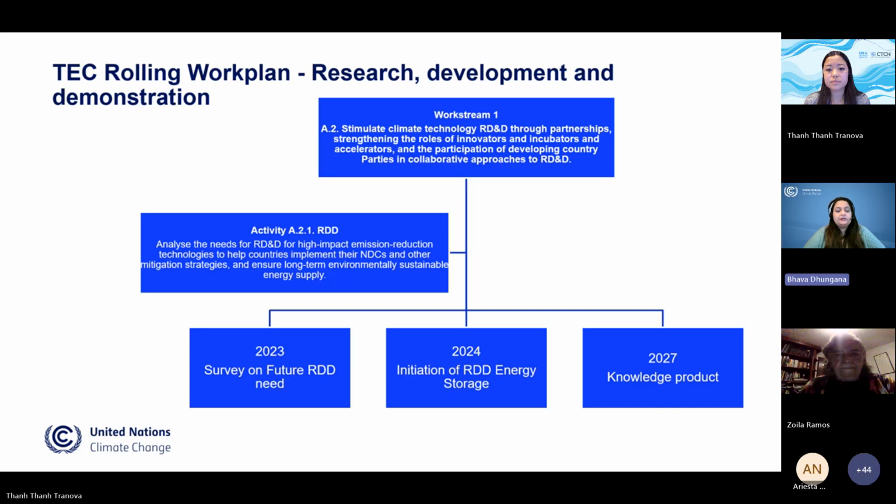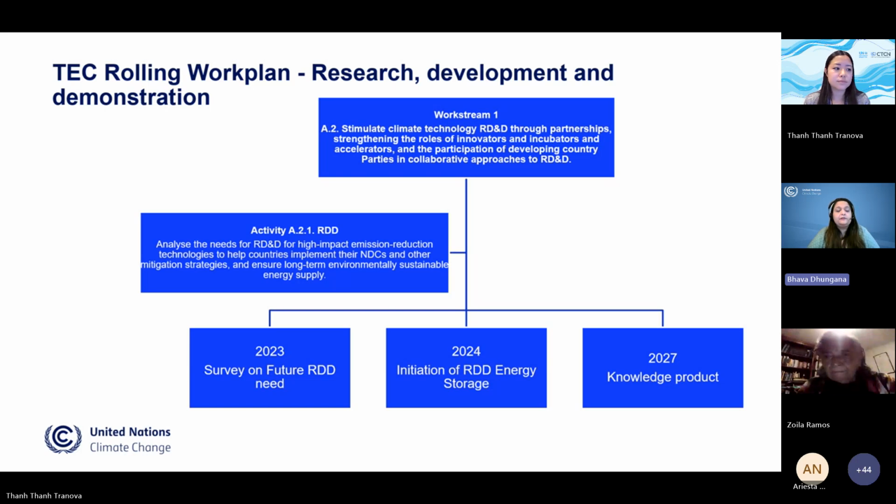So when the TEC started its work plan back in 2023, what they had done was they conducted a survey on the future needs. And then this survey started feeding into the analysis that they will be doing.